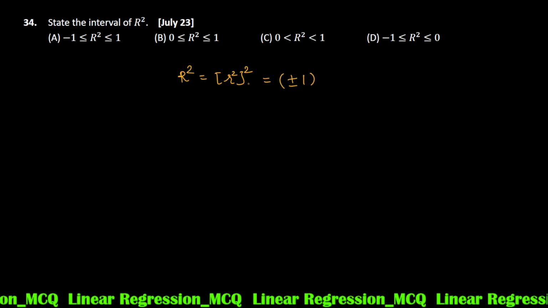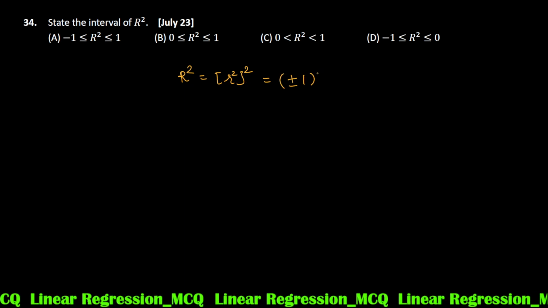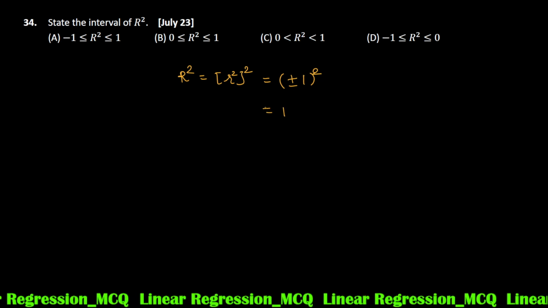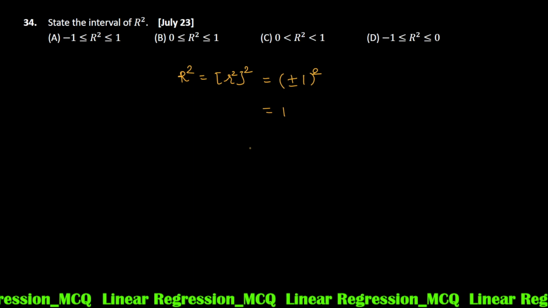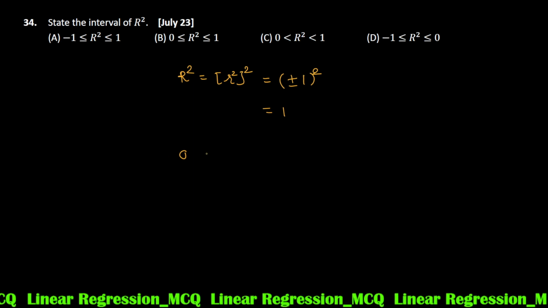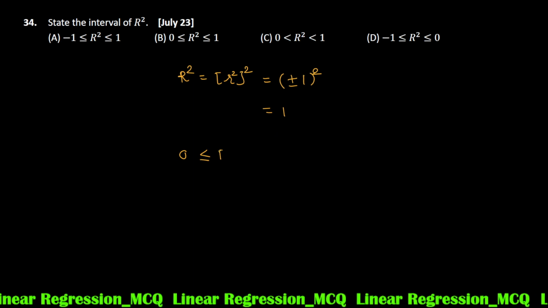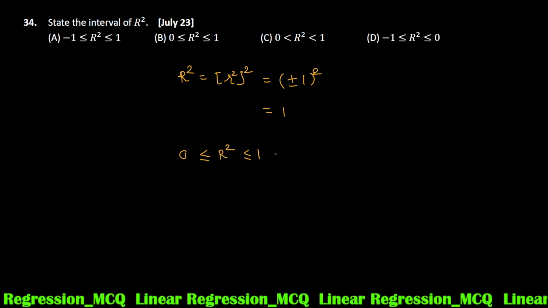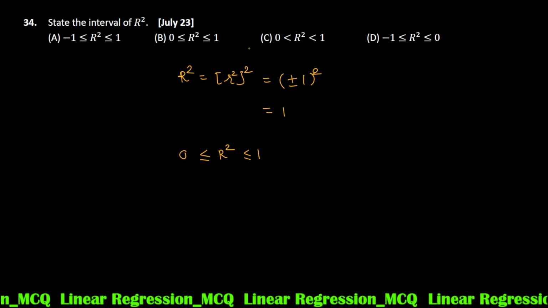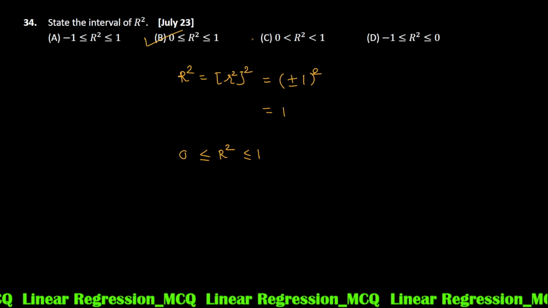The minimum value of r is -1 and maximum value is +1. So r square equals to 1. So maximum value of r square equal to 1 and minimum value is 0. So r square is lying between 0 and 1. The interval of r square is 0 and 1. It is given in option B. Option B is correct.